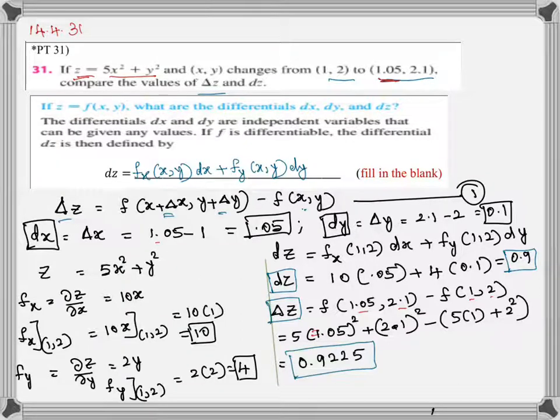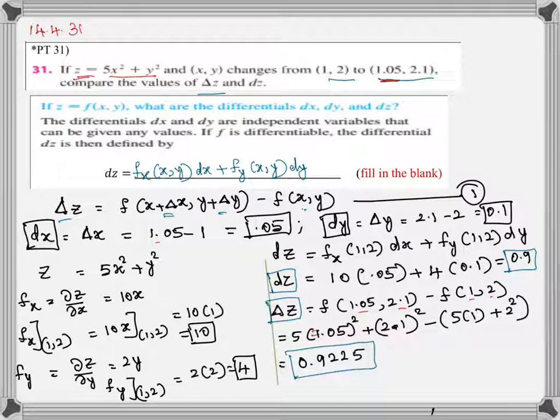If you notice here, dz is 0.9 and delta z is 0.9225. This 0.9, dz, comes out of the tangent plane. Delta z comes out of the surface, finding the actual value of the function at these points. The difference is not significant, not too much.